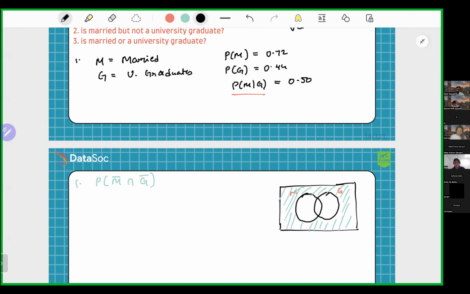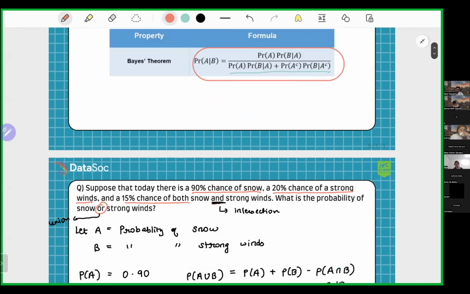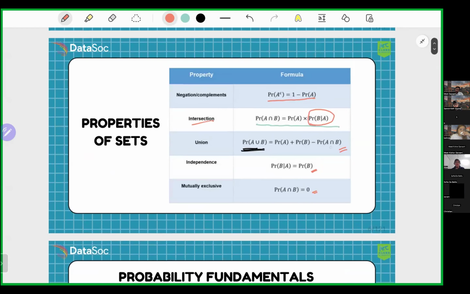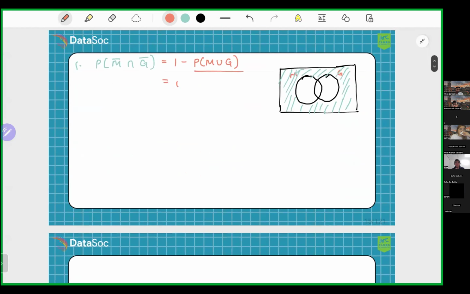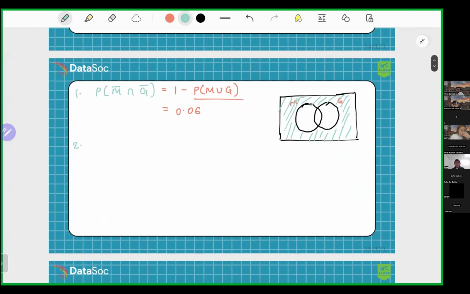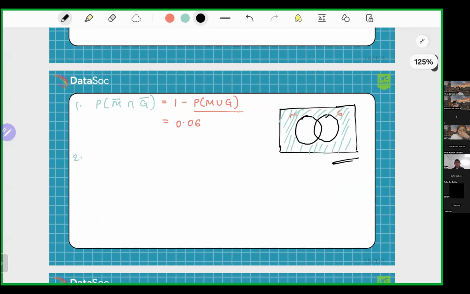So that's 1 minus probability of M union G. You can figure out the M union G using the union formula, and after doing the calculation it turns out to be 0.06. Do you guys have any doubt with this Venn diagram? All good.